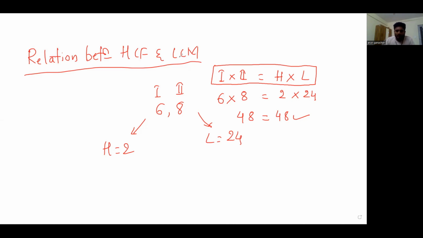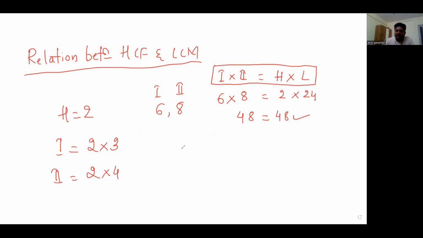Okay. Now let's move on from here. Let's understand a little bit more depth of this. Now, as the HCF was 2, can I write my first number as 2 into 3, which is 6, and my second number as 2 into 4?